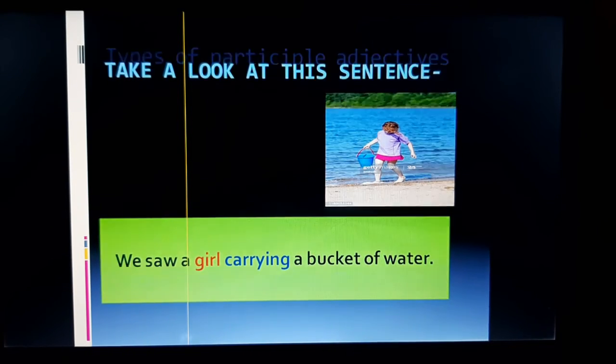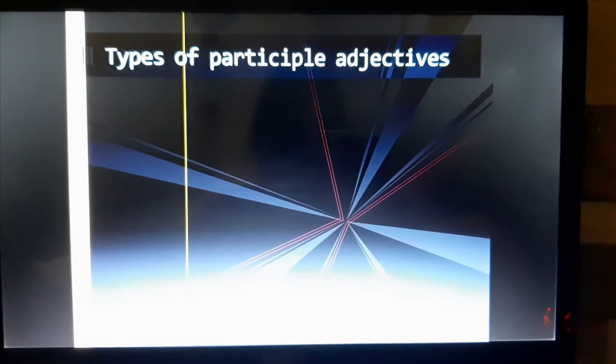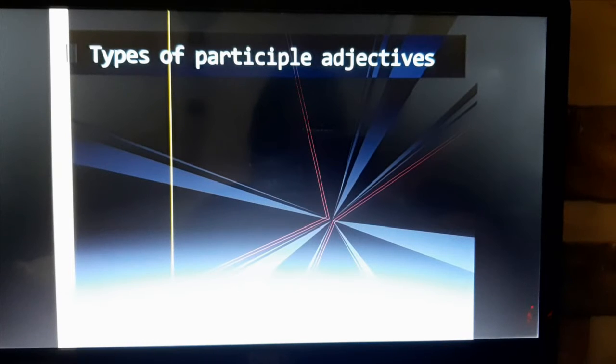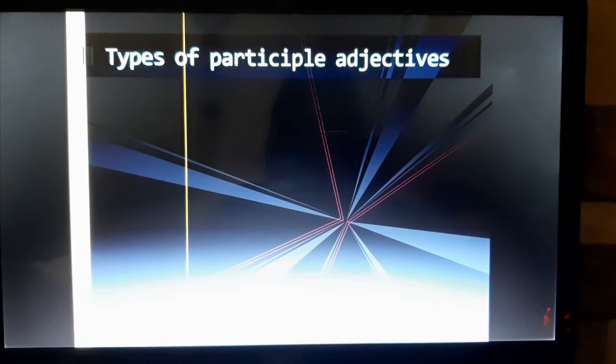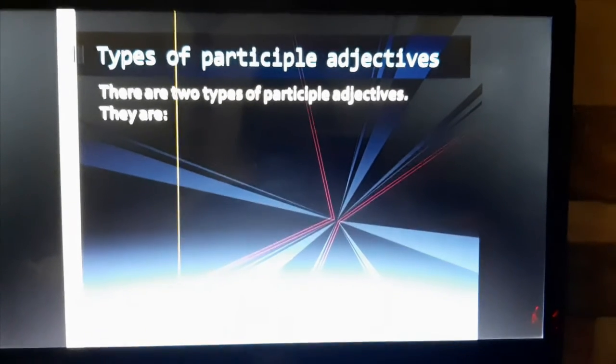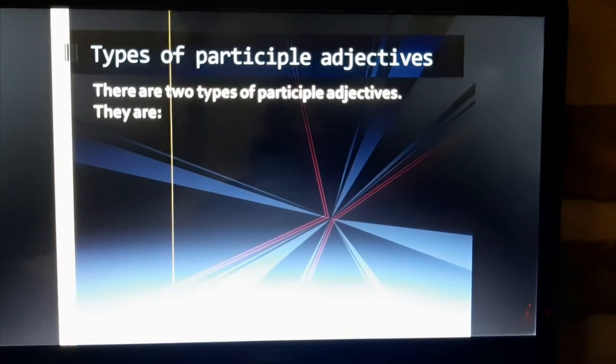Okay, so moving on to the types of participle adjectives. We have seen several classifications of different parts of grammar, and like the others, we have types of participle adjectives. How many participle adjectives do we have? Two. So there are two types of participle adjectives.